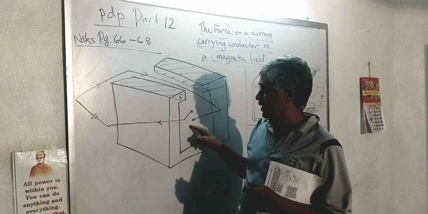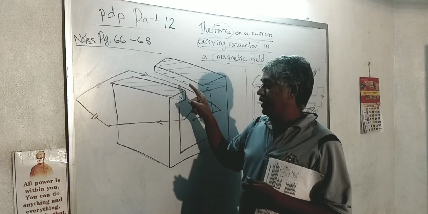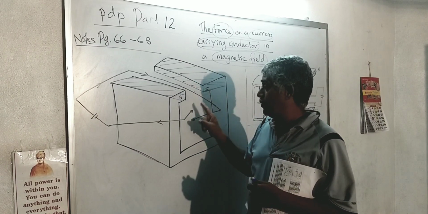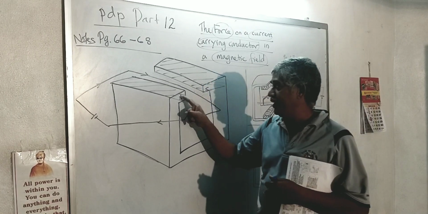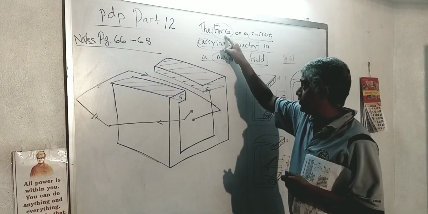When you turn on the circuit, there's a current flow, so there is a magnetic field. If you turn off, there is no current, so there is no magnetic field in the conductor. So when you turn on the current, there is a magnetic field, and this magnetic field interacts with the permanent magnetic field. That's why they say force.